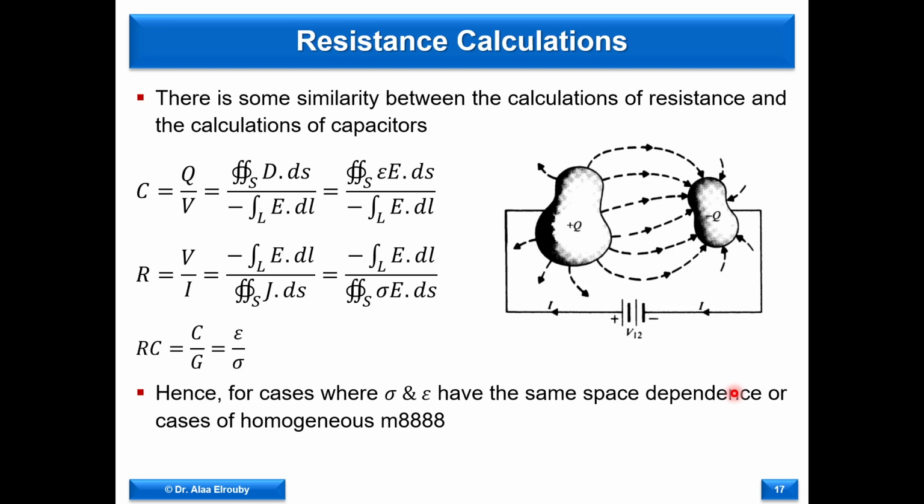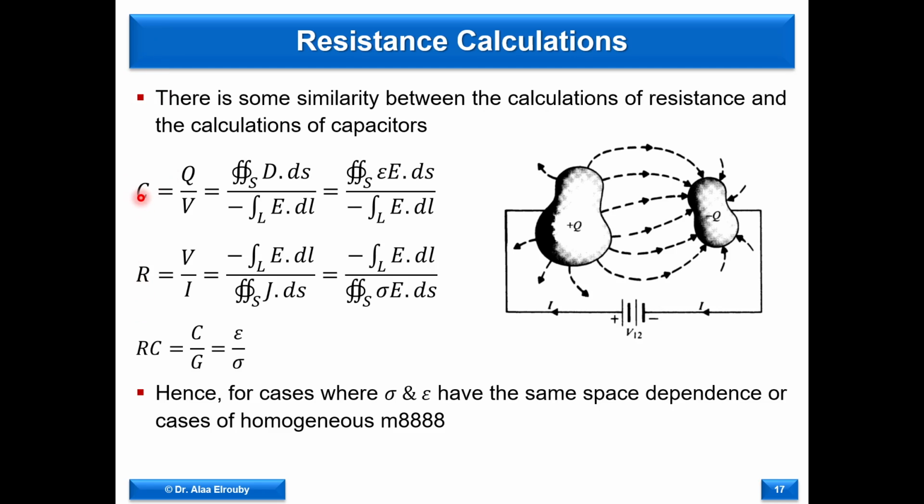One final thing that we can use electrostatics for is the equations for calculating resistance in a certain situation. If we have two conductors and we apply some potential between them, and we need to calculate resistance, there is a nice way to do that. This is through the similarity between capacitance and resistance.